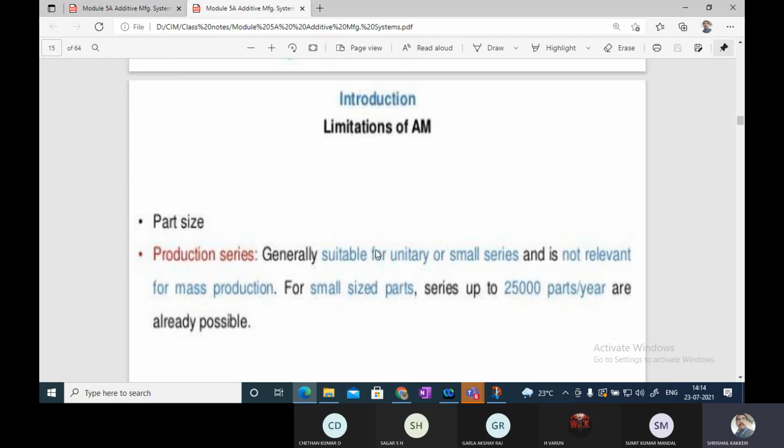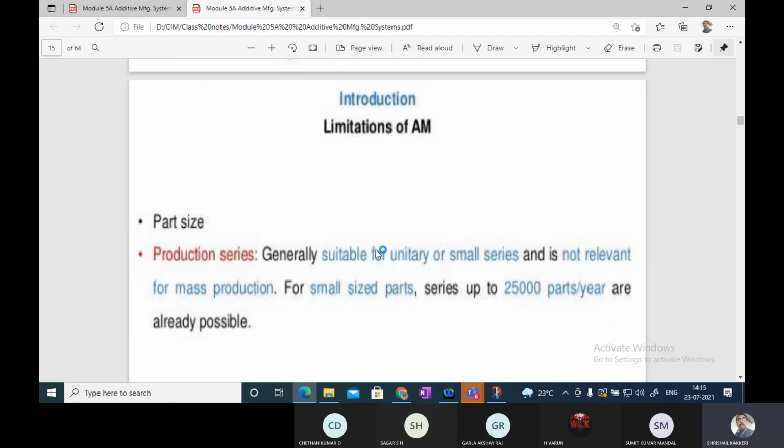We have 3D printing machines with 200 by 200 by 200. That means any component of 200 mm cubic shape or within this volume can be accommodated, and we can go for additive manufacturing.